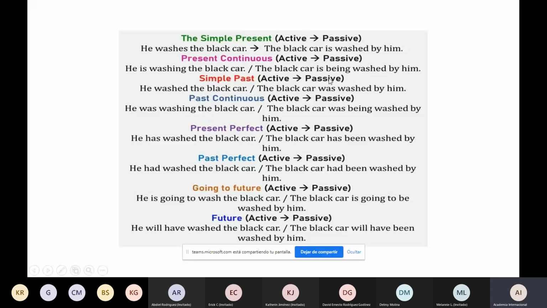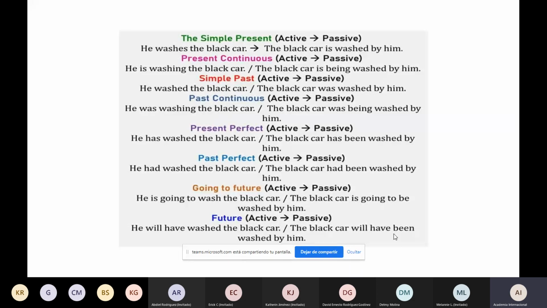Is being, was, acá también tenemos was, been, is going en este caso, o acá we have been. Entonces, siempre vamos a utilizar el verb be para la forma del passive voice.